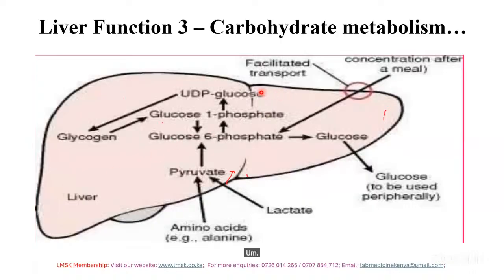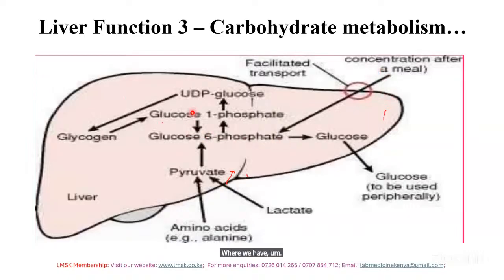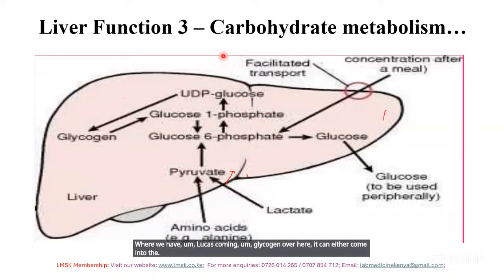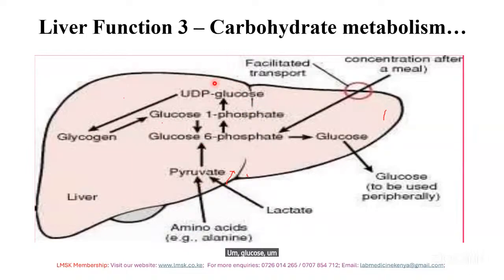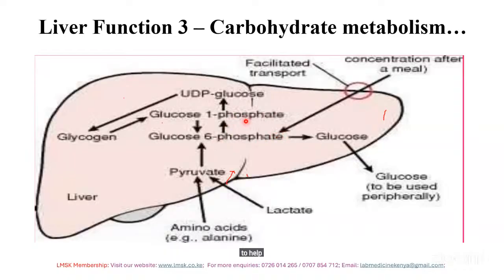This is just an expansion of the other image that we had shown, where we have glucose coming, glycogen is over here. It can come into the glucose ATP biosynthesis pathway here, and depending on the level of glucose, this monophosphate shunt always happens between glucose 1-phosphate and glucose 6-phosphate to help balance between the two.